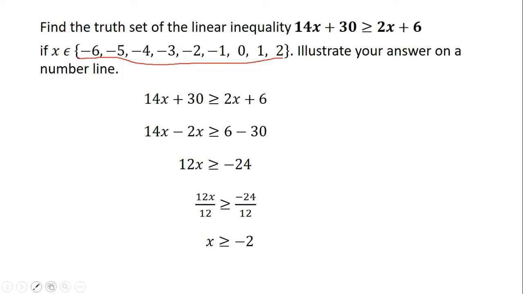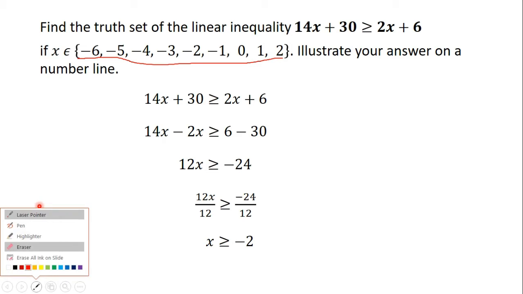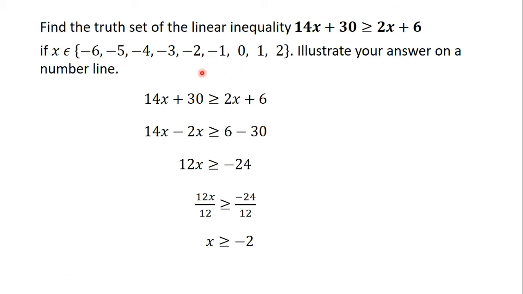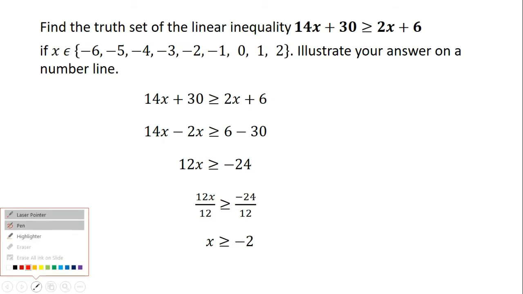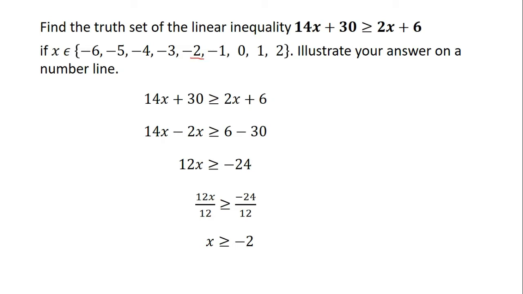So you list the members in this set that are greater than or equal to -2, and those members are -2 itself. Since it's greater than or equal to -2, -2 will be included. So -2 itself, -1, 0, 1, and 2.